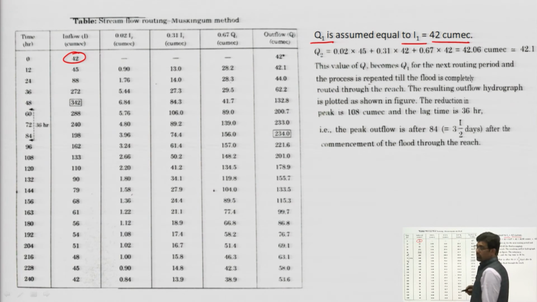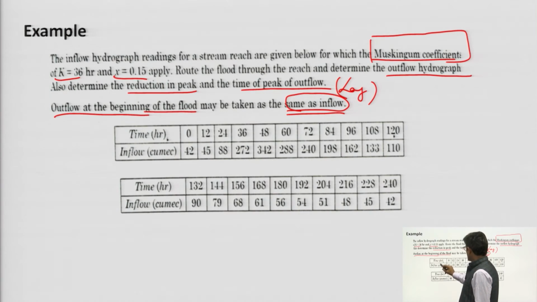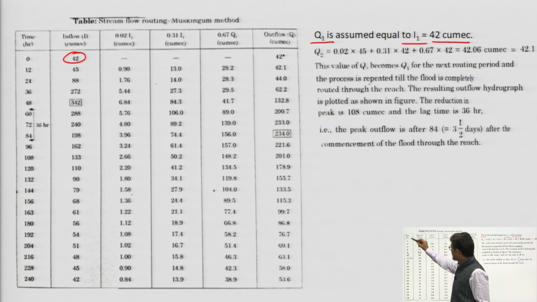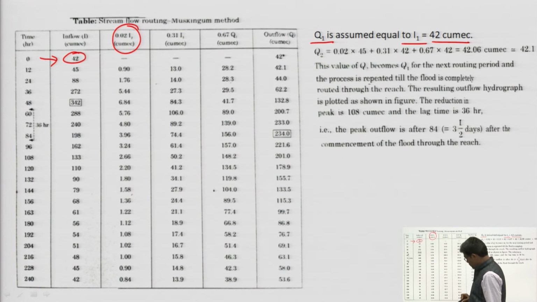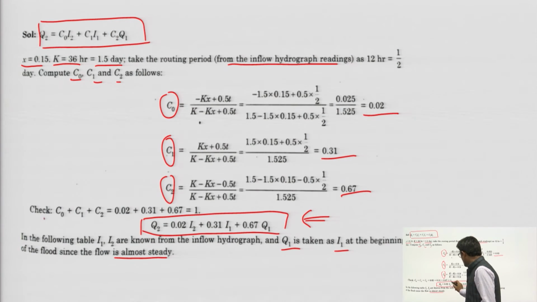Then the input hydrograph ordinates have been given and mentioned here: 0 at time 0, it is 42, at 12 it is 45, at 24 it is 88, and so on. Then the value of the 0.02 I2 component.